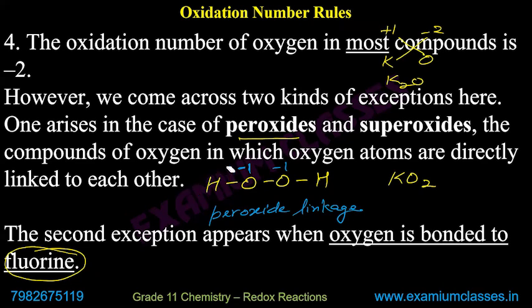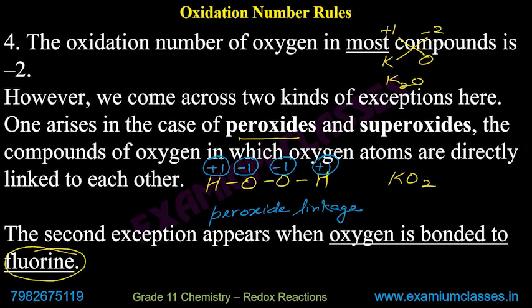Hydrogen is electropositive and can share one electron, +1. To neutralize this, it should have the same electrons gained. So if hydrogen gives one electron, the same electron this oxygen will get. It cannot get more or less. The charge has to be neutral.